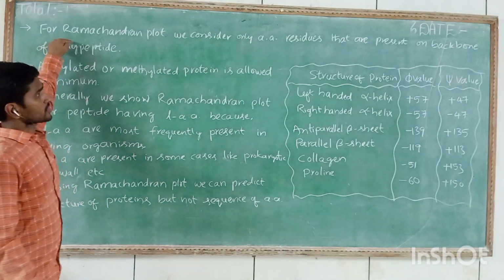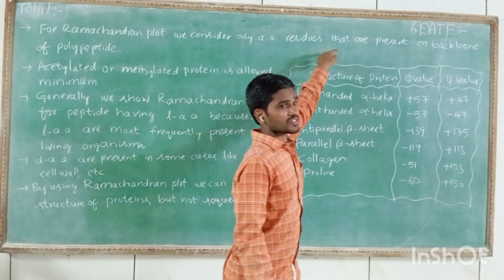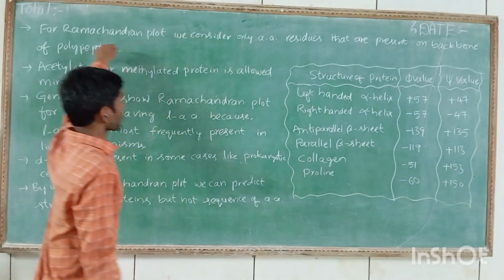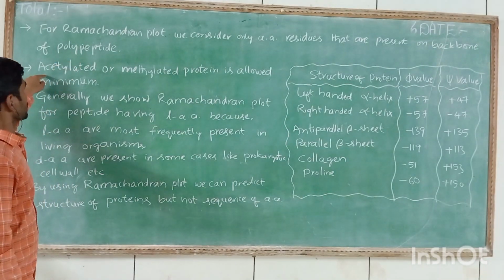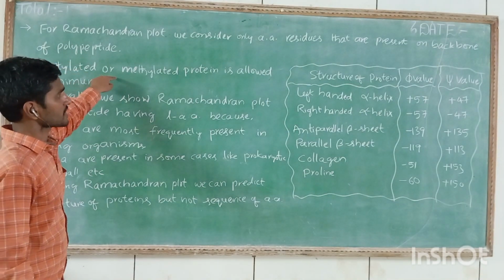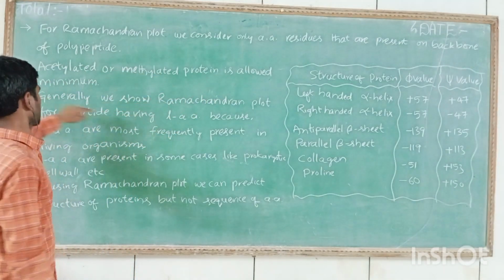For the Ramachandran plot, we consider only amino acid residues that are present on the backbone of the polypeptide and not on the side groups. Acetylated or methylated protein is allowed minimum in the Ramachandran plot.